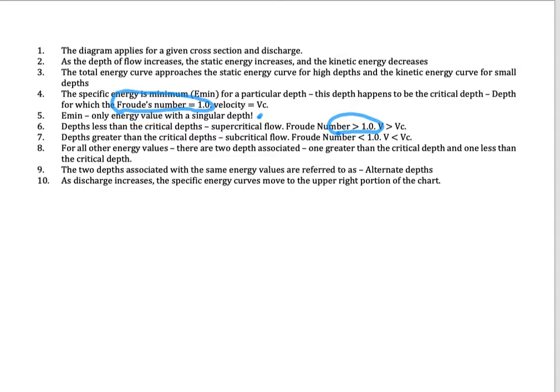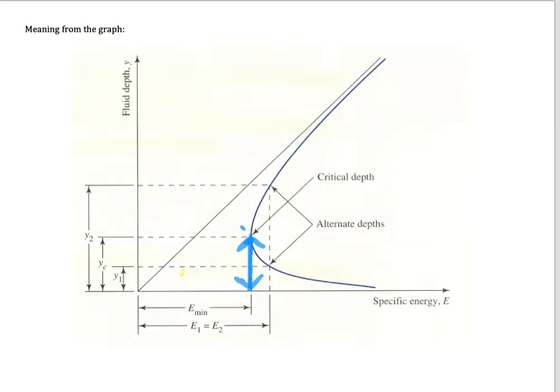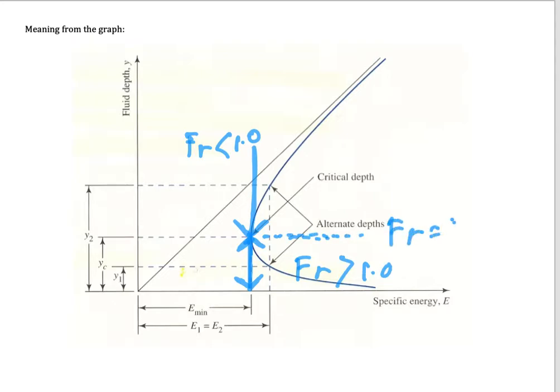And then the depth greater than the critical depth, we call it subcritical flow. So for the depth from here and above, we call it subcritical, meaning below critical condition. The Froude number is less than 1.0 here, larger than 1.0 in the supercritical region, and at critical depth, the Froude number is equal to 1.0.